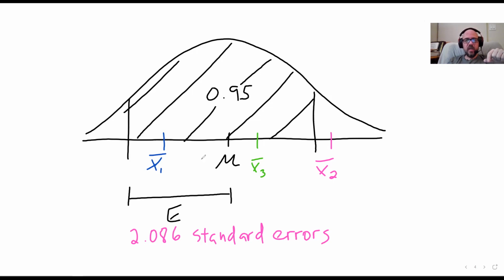What we do instead is go 2.086 standard errors from the sample mean. If E is this distance right here, I don't try to center it on mu, I try to center it on x1 bar. And by doing that, I get an interval that looks like this.